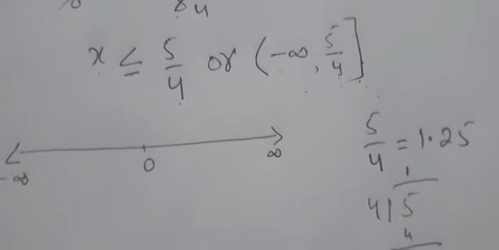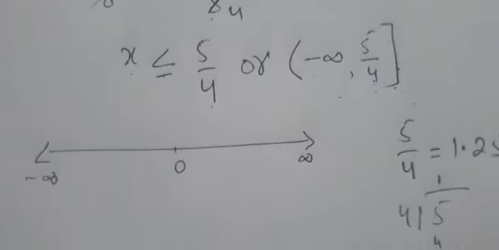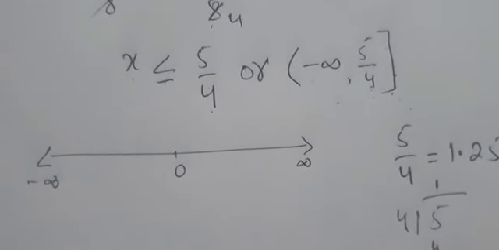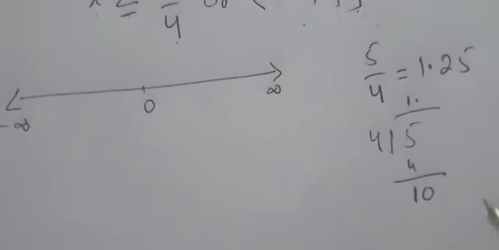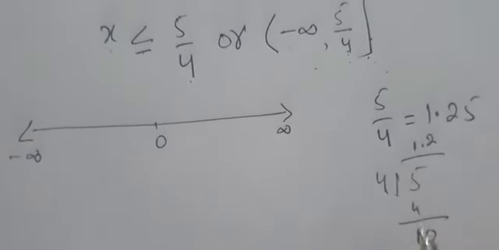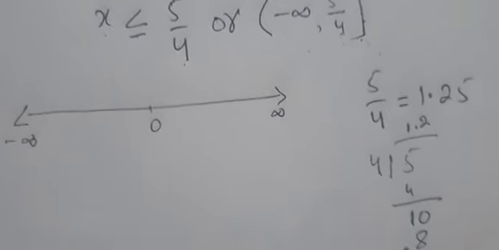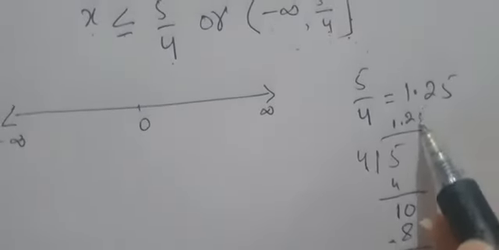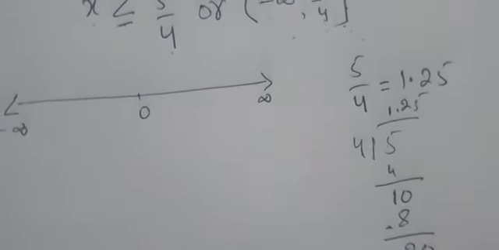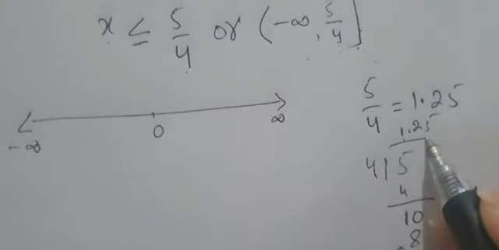Now we are left with the number 1, but as we cannot divide here, we will put a point, and here we will choose 0, then 4 into 10, and now here we will have 2, and this time we can simplify this by 5, and here it will be 1.25.